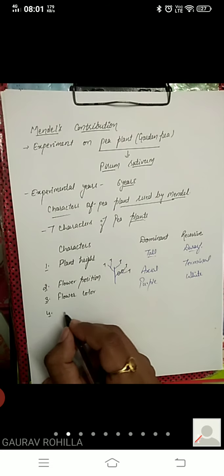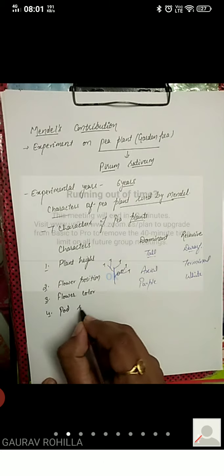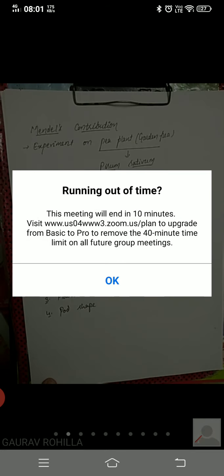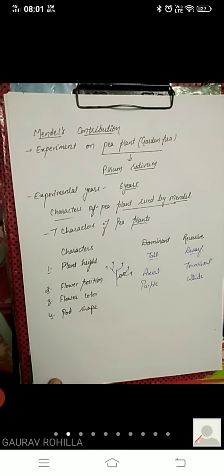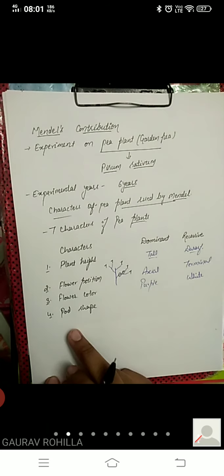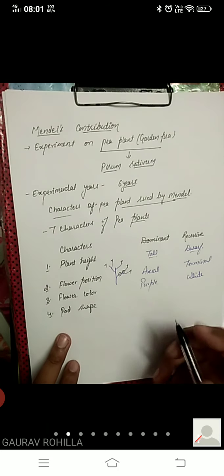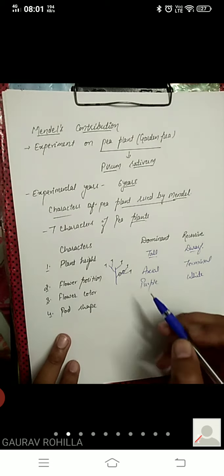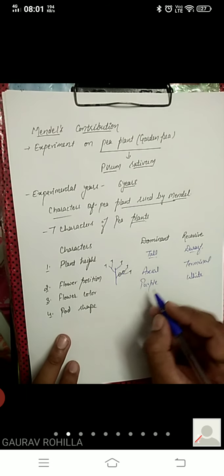Fourth, pod shape. Pod means where seeds are located. It should be contractile or inflated.